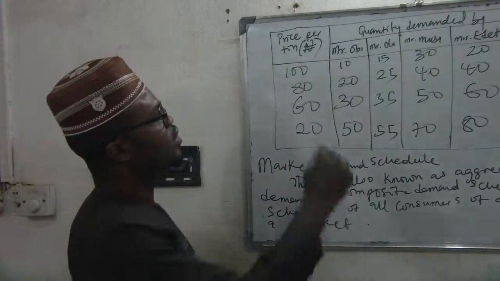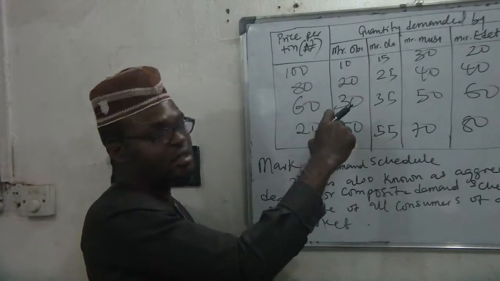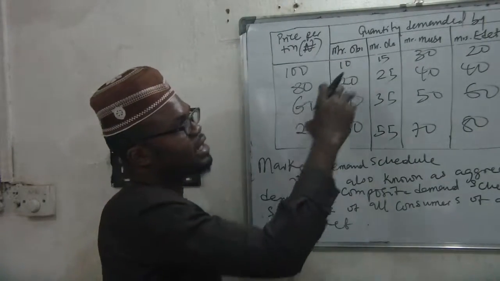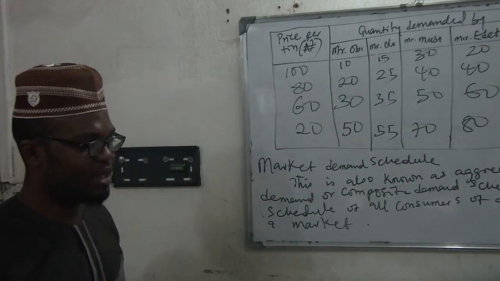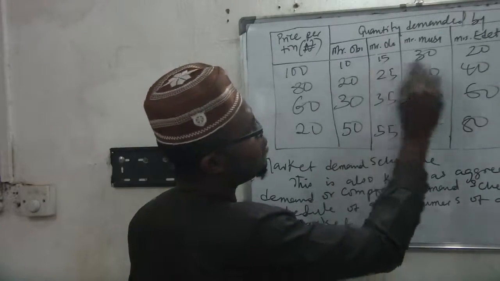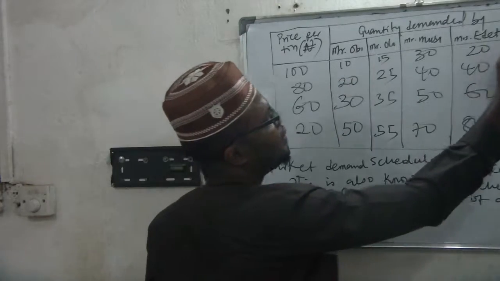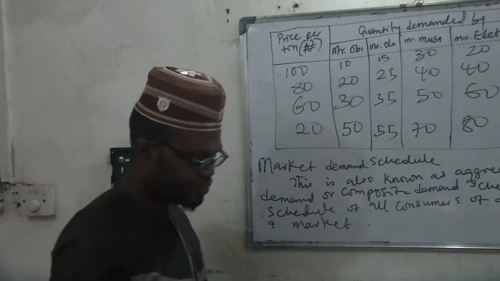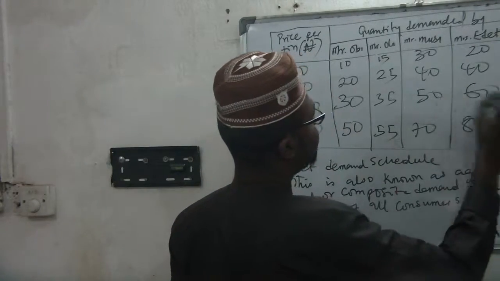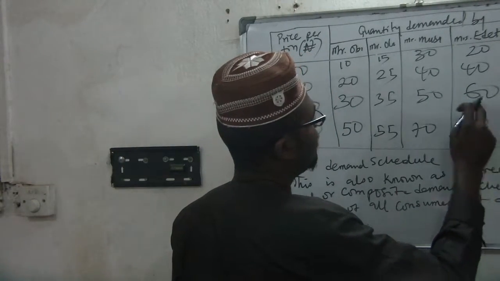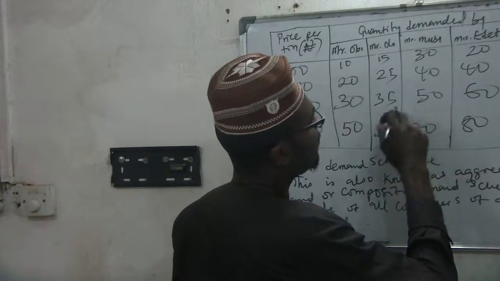In individual demand, we talk about one person: just price and quantity demanded. But in market demand, we talk about price and the quantity demanded by different people for that particular good. Now, what is the total quantity demanded here? 20 plus 90 is 50, plus 10, 60, plus this 75. What's the total here? 125. What's the total here? 90, 140, 175.